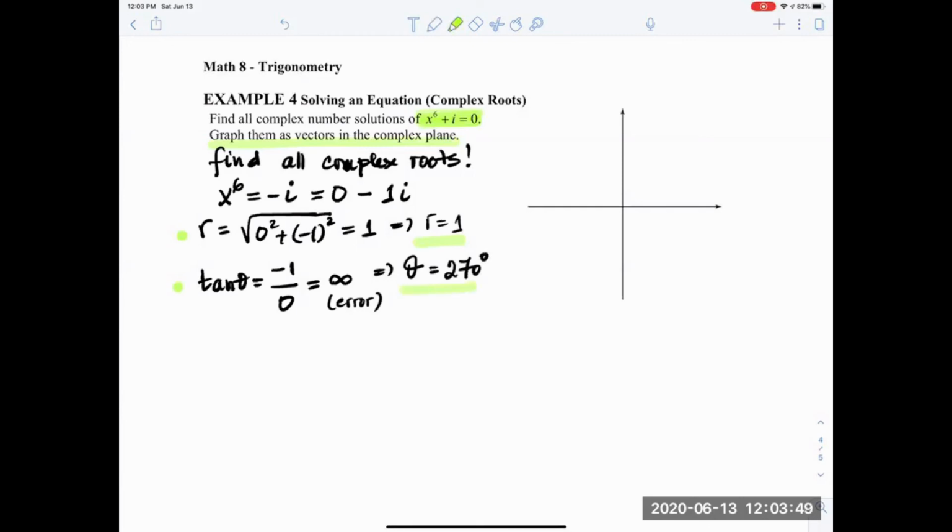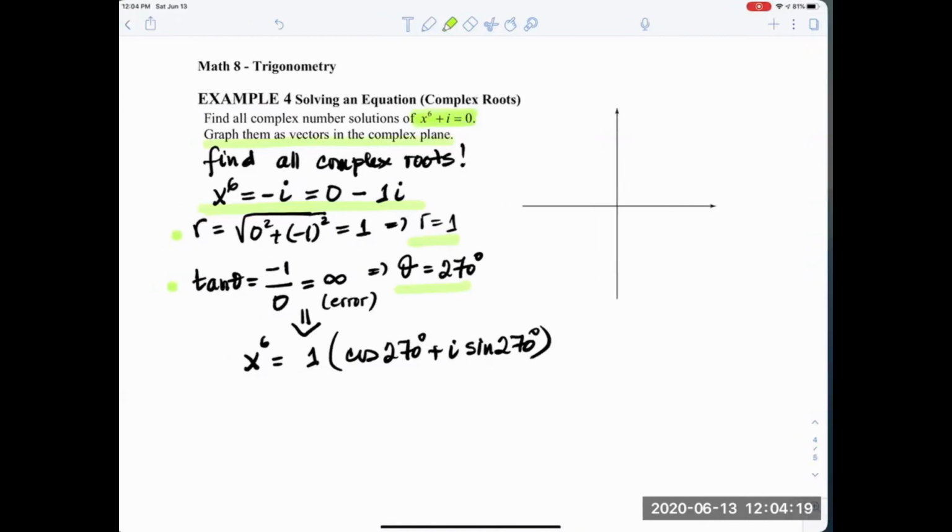Very good. So right now, we can rewrite our equation x to the 6 equals 0 minus 1i as x to the 6 equals r, which is 1, parentheses, cosine of 270 plus i sine of 270. That's the equivalent form to write it.